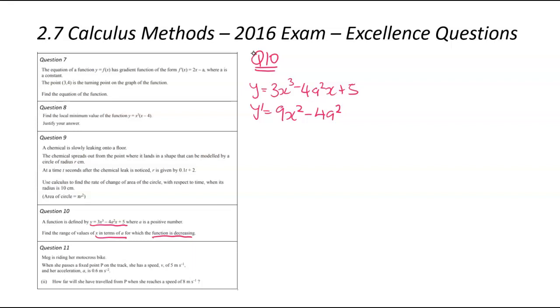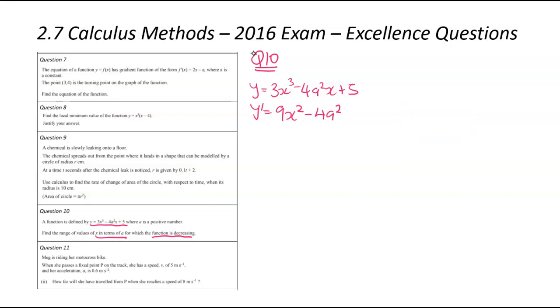It changes direction at the turning point. So, for example, you've got a parabola, it's going down and then it's going up. So anything before the turning point is going down, anything after the turning point is going up. So to find out when something is increasing and decreasing, we've got to find the turning points and then have a look at what's happening before and after all those turning points.